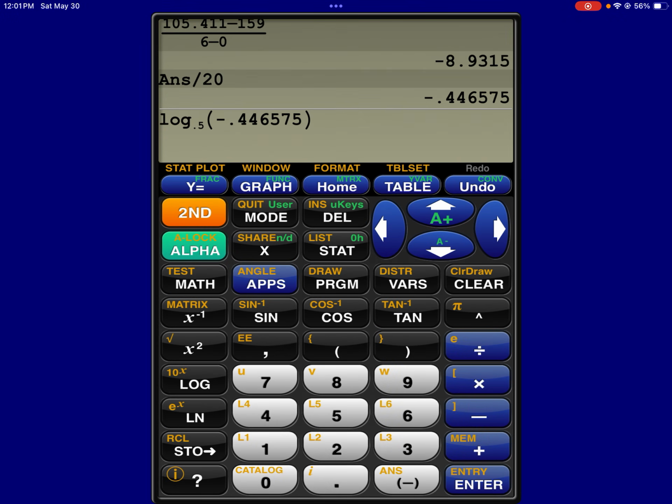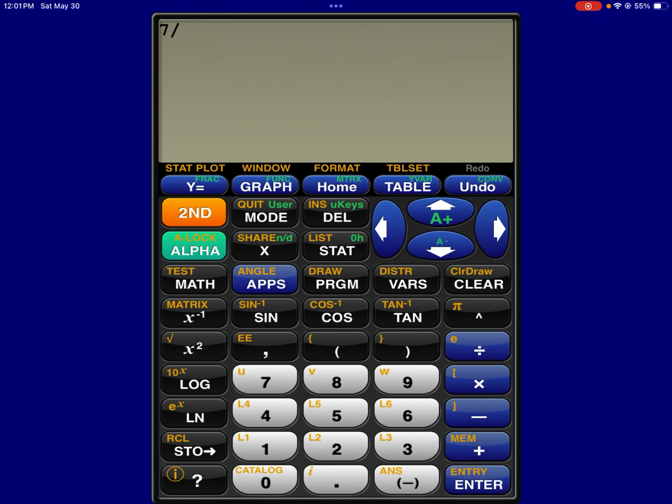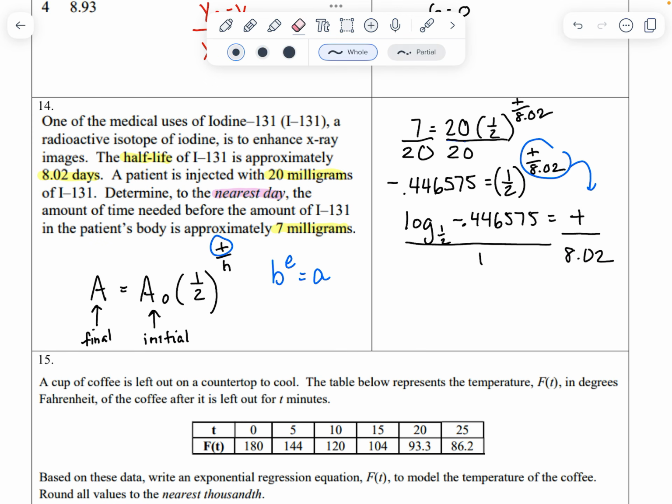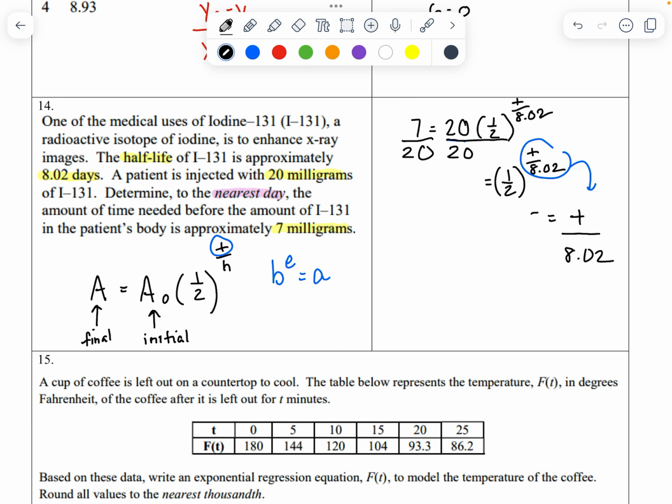Oh, my bad. Okay, I totally did this wrong. 7 divided by 20. I don't know where I got that from. I apologize. Obviously, 7 divided by 20 is not a negative. Oh my goodness, people. All right, so 0.35. Okay, so log base 1/2 of 0.35.